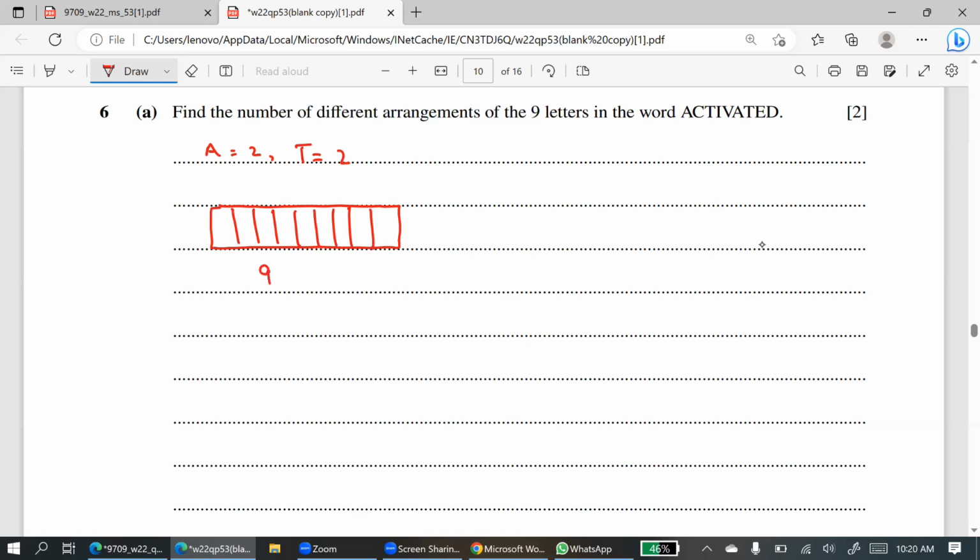The final answer is 9 factorial divided by 2 factorial into 2 factorial. What's the final answer?